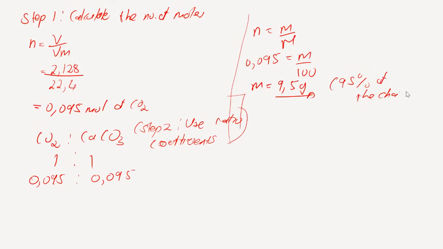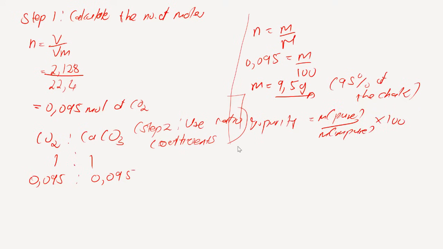So now we want the mass of the chalk. To find the mass of the chalk, which is the 100%, we can use the percentage purity formula: the mass of the pure over the mass of impure, multiplied by 100.